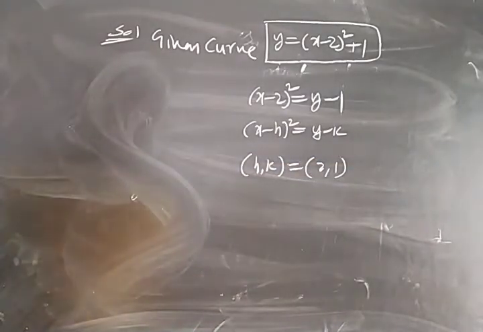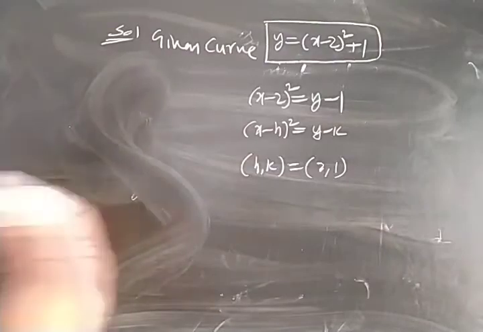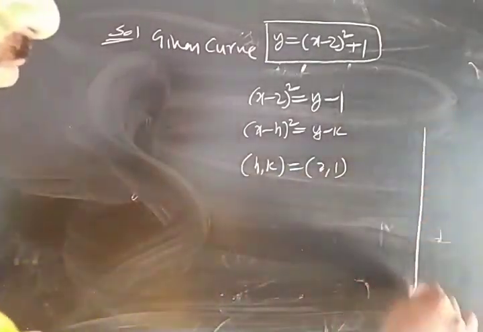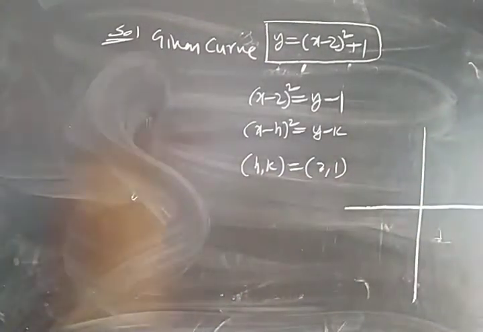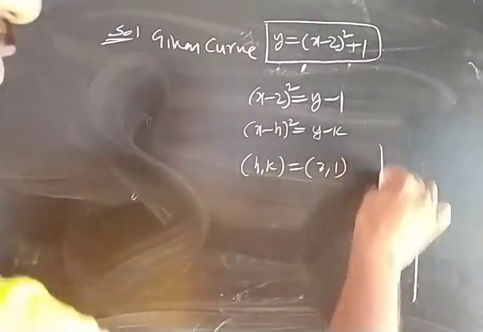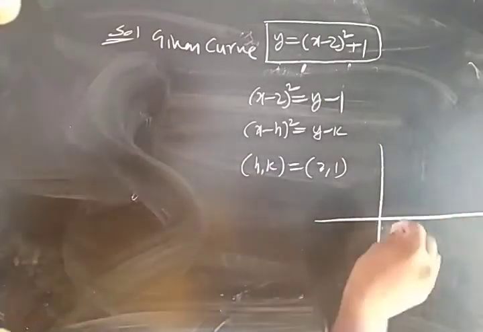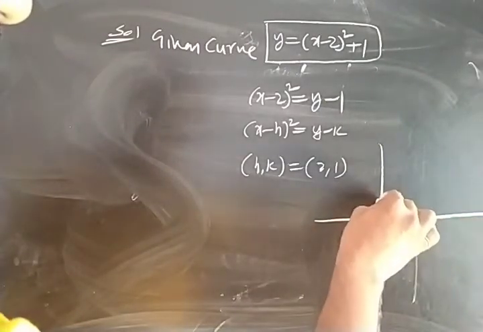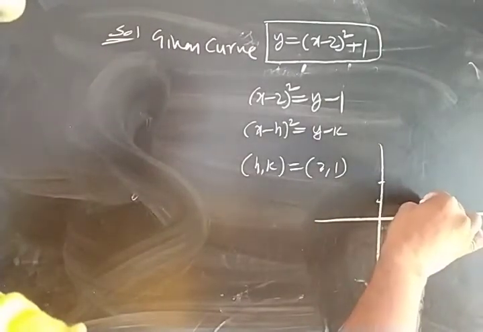So the vertex of the parabola lies in the first quadrant, at 2 comma 1. Suppose this is 1 and this is 2. Here we have the vertex of the parabola.